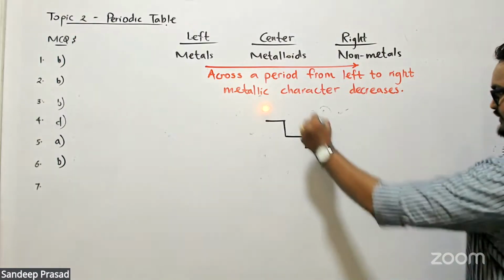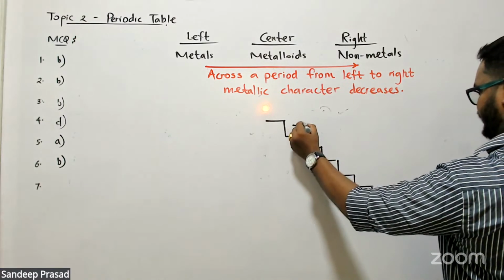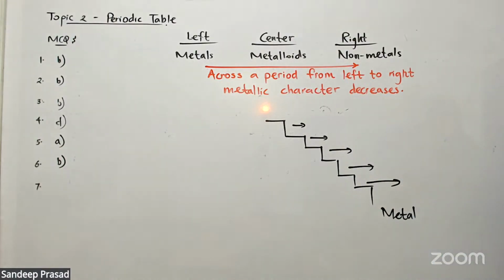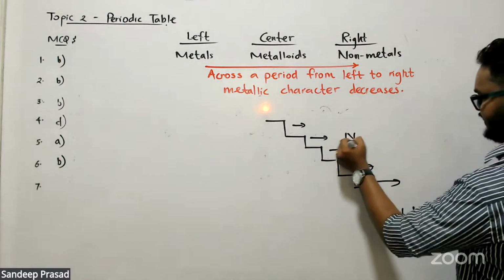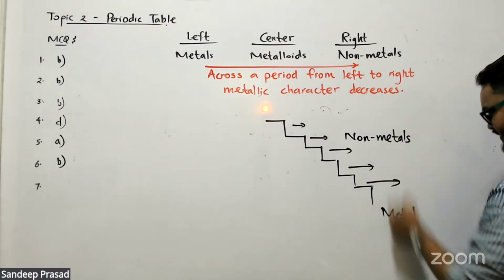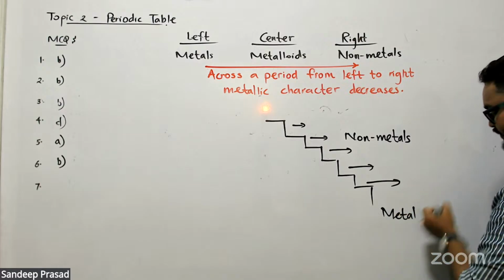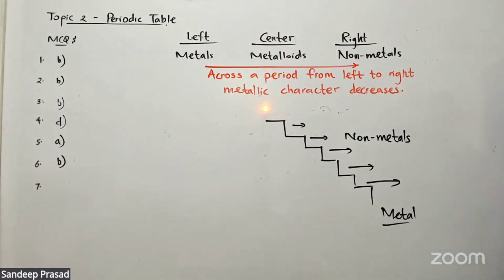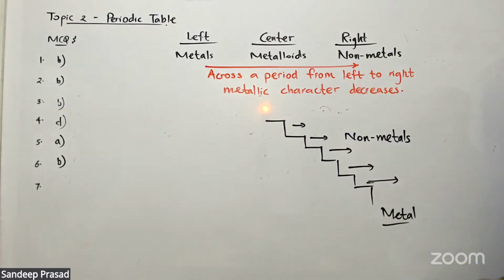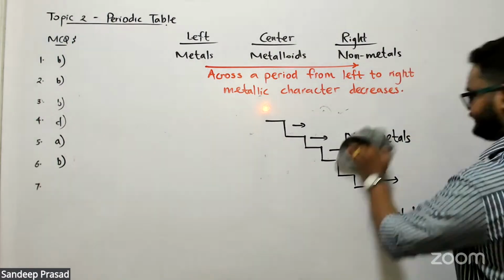From here onwards, all the elements are non-metals. But even when you consider the group wise, the bottom element is a metal. Understood? So therefore, we can't say that the metallic character is completely disappearing. It is decreasing, okay?